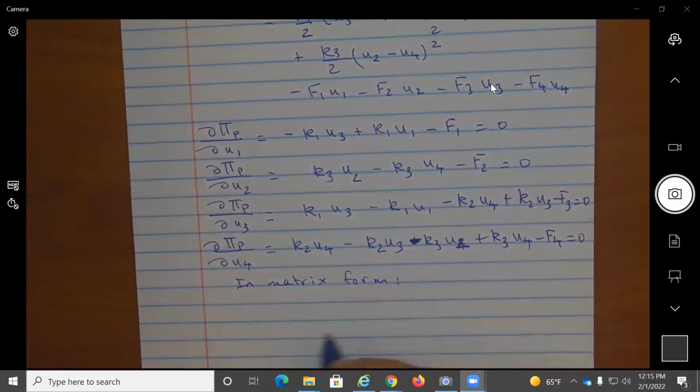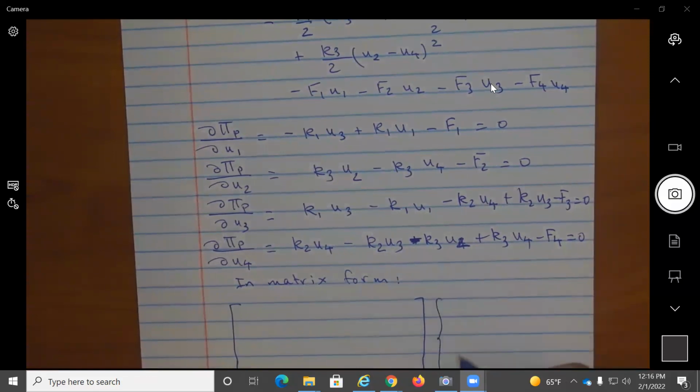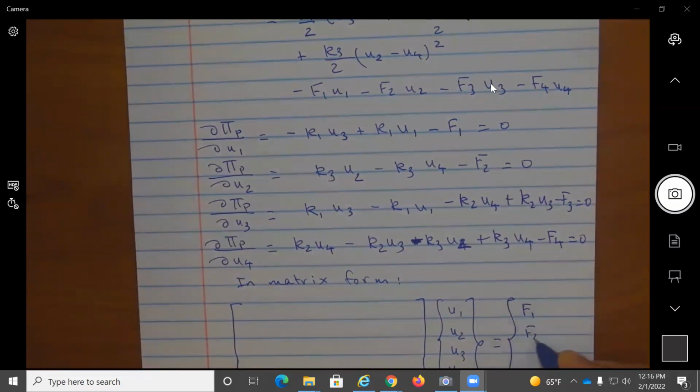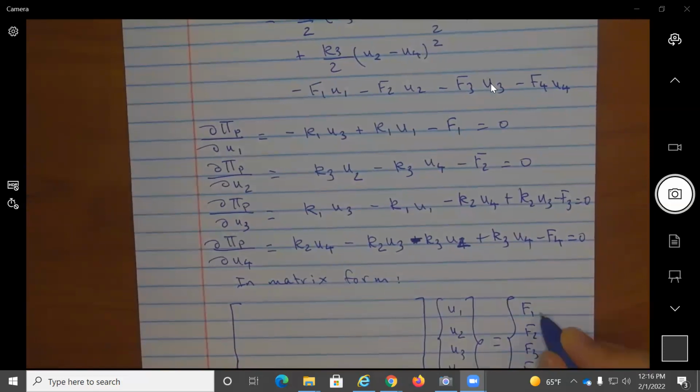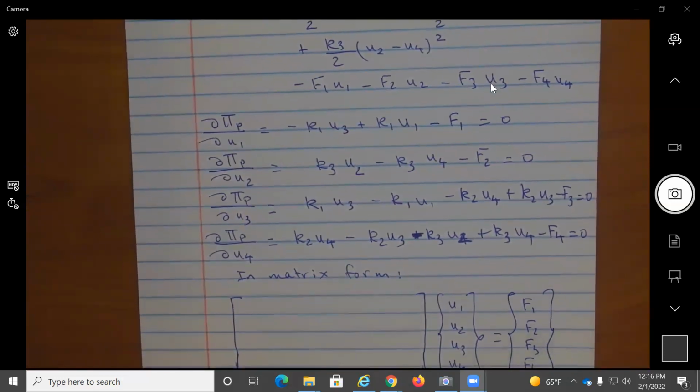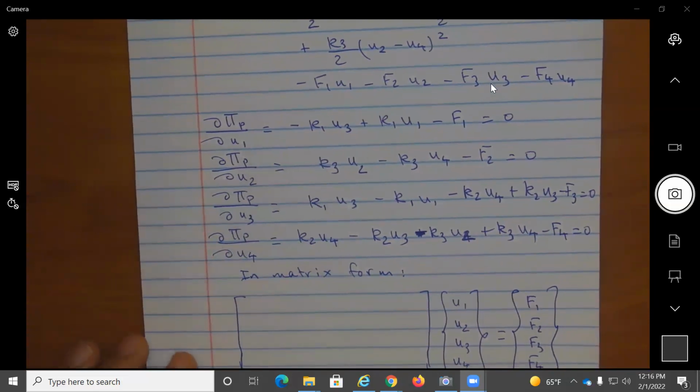As the matrix times u1, u2, u3, and u4 equal to, we're going to move all the f's to the other side, f1, f2, f3, and f4. And I'm going to start filling in the elements for my global stiffness matrix.